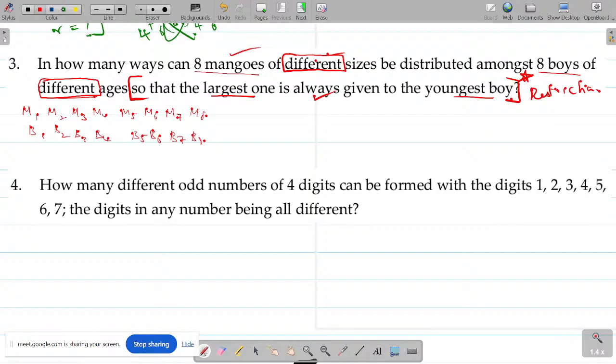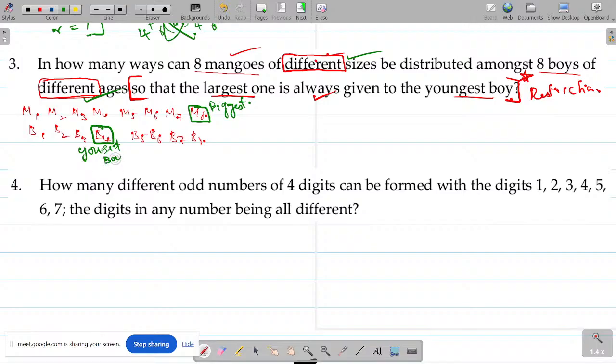For convenience sake, let me name this M8, the big size mango, because it says different sizes. So this is the biggest mango among all 8. And let me name this boy B4 as the youngest boy, because there are boys with different ages. So let me name this as the youngest in all the 8.